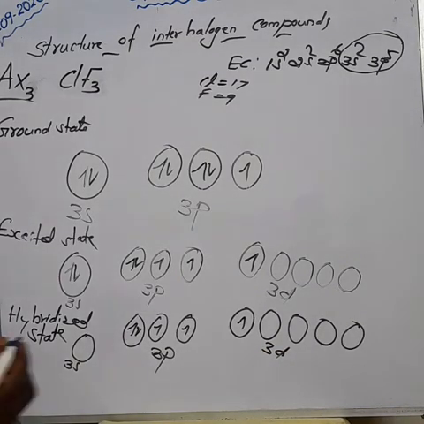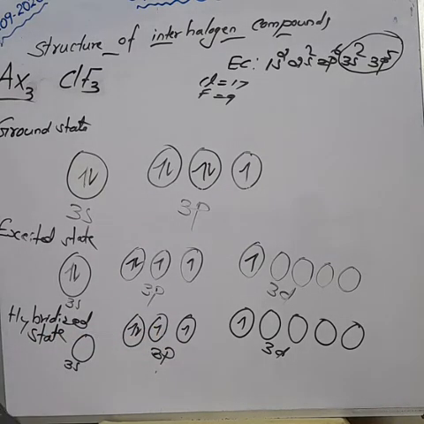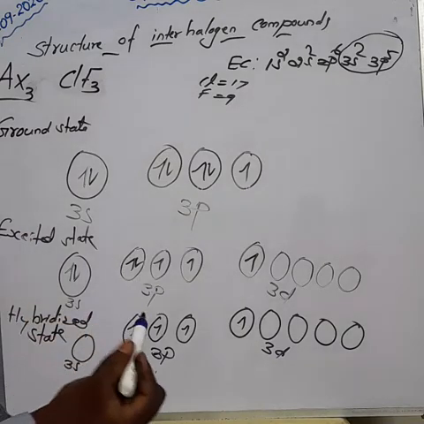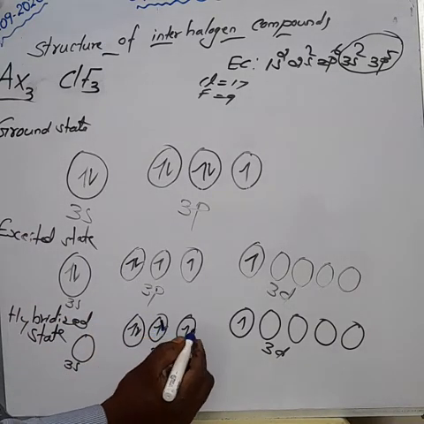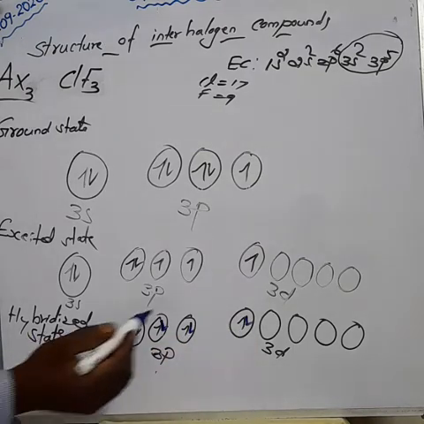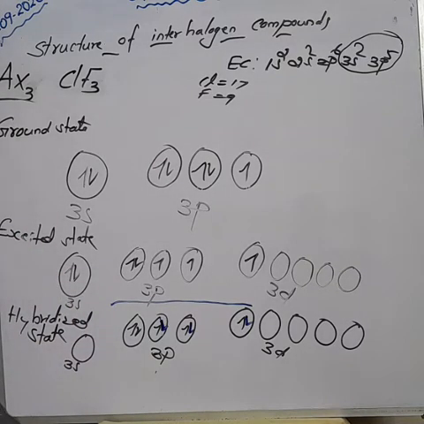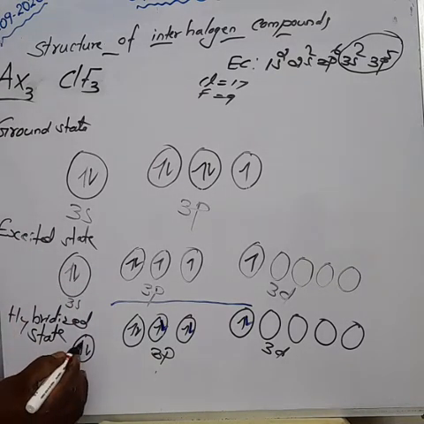One fluorine atom, second fluorine atom, third fluorine atom. Okay, so what is the hybridization? Remember there are 3s.